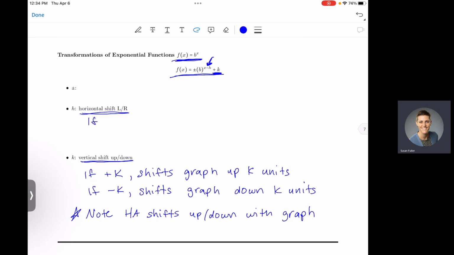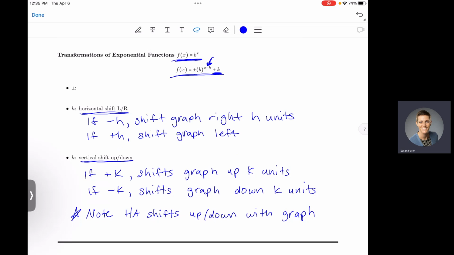So if you have a minus h, if you subtract from that x inside, it's going to shift your graph to the right h units. So if you subtract h units, you'll go to the right. And if you add h units, it will shift the graph left by h units.